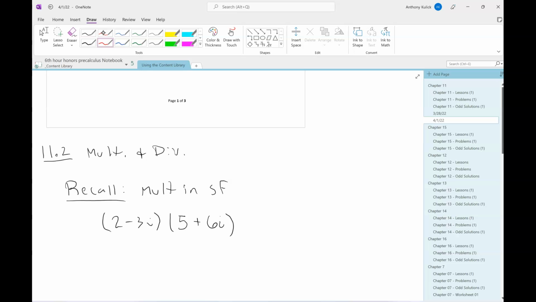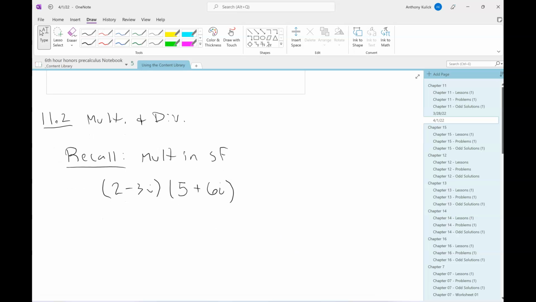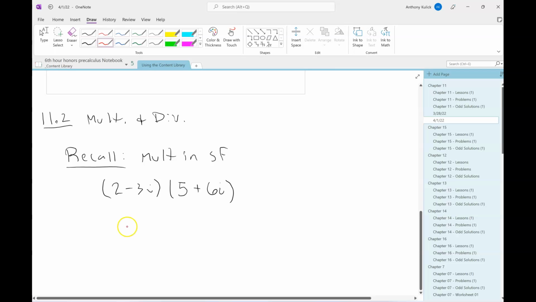If I'm going to multiply these out, what do I do? FOIL, yeah. So 2 times 5 is 10. 2 times 6i is 12i. Negative 3i times 5 is negative 15i. And negative 3i times 6i is negative 18i squared. That's pretty easy so far.